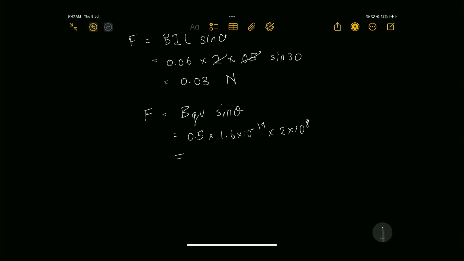Right, so this 0.5 could cancel with this 2. So what we would get here is 1.6 by 10 to the negative 11, and the unit would be newtons. Calculate the radius of curvature of the path of the electron in the magnetic field.